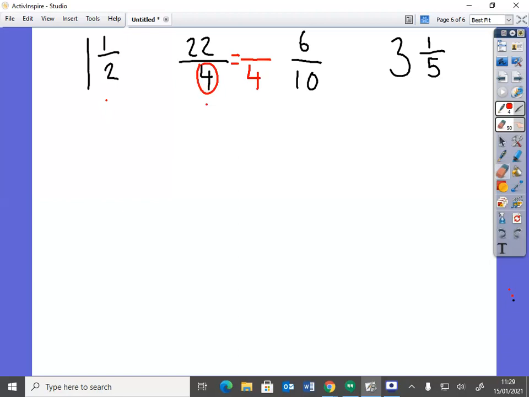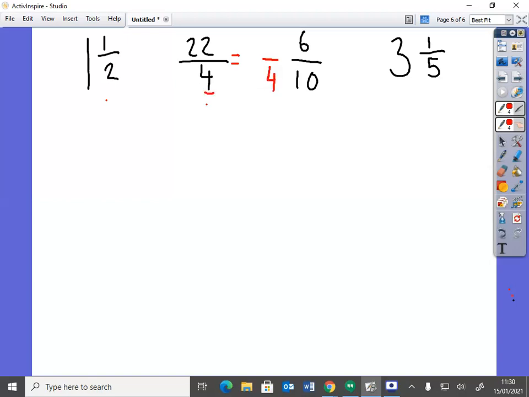So let me just give myself a little more space here. One second, bear with me. I've just forgotten to give myself some space. And what will be easy for me to do, because I know I'm going to have a whole number and then a fraction over 4.